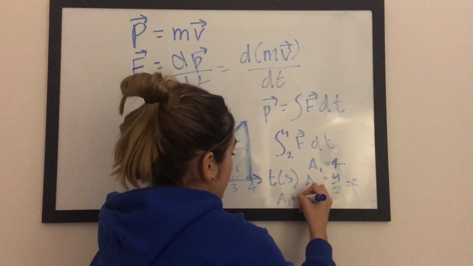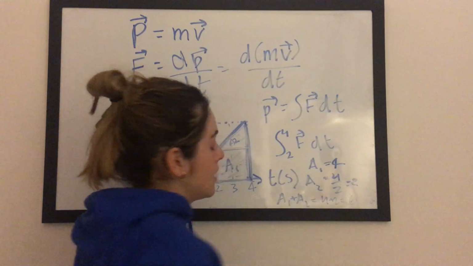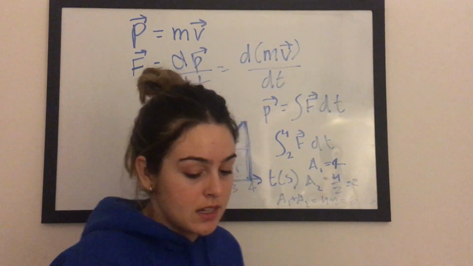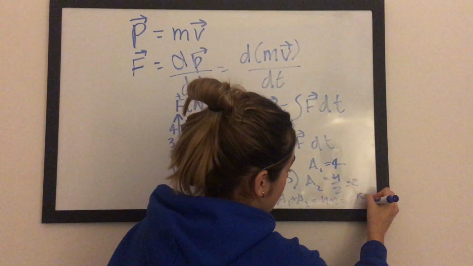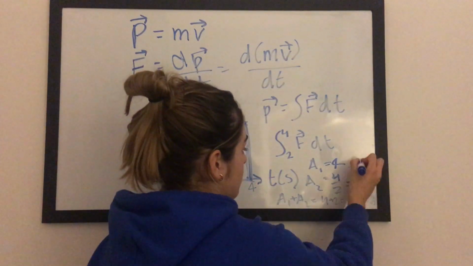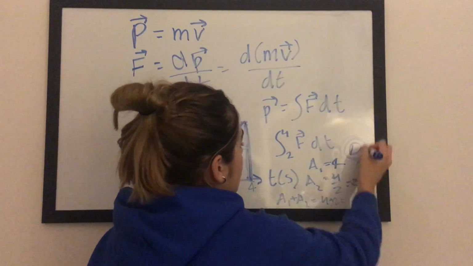Area 1 plus area 2 is equal to 4 plus 2, which is equal to 6. And we see if that corresponds to any of our responses, and it does. Oh, and I forgot to add the units, which are kilograms times meters per second, which corresponds to option D on the exam.